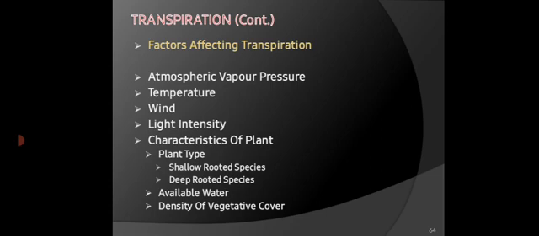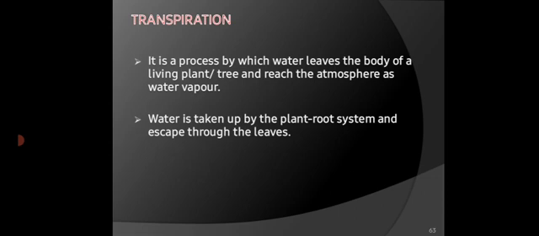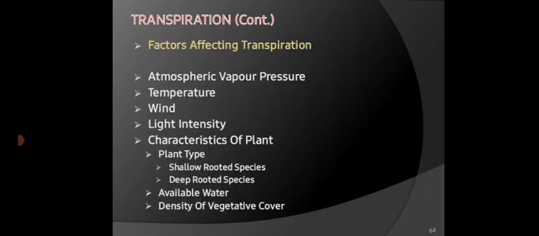In the previous slide, what we have seen is that water is taken up by the plant root system and escapes through the leaves. So transpiration happens through the plant leaves, right?